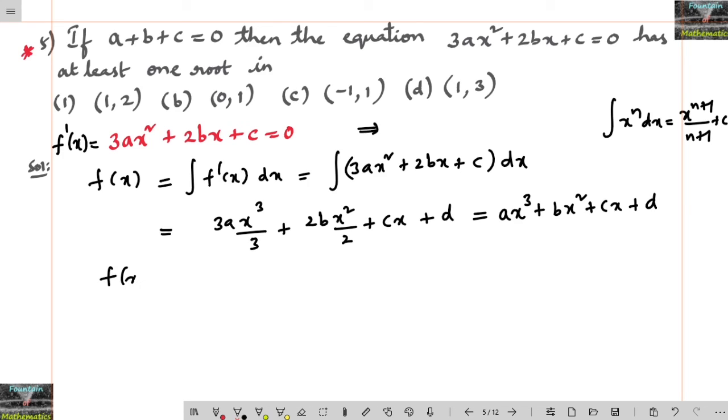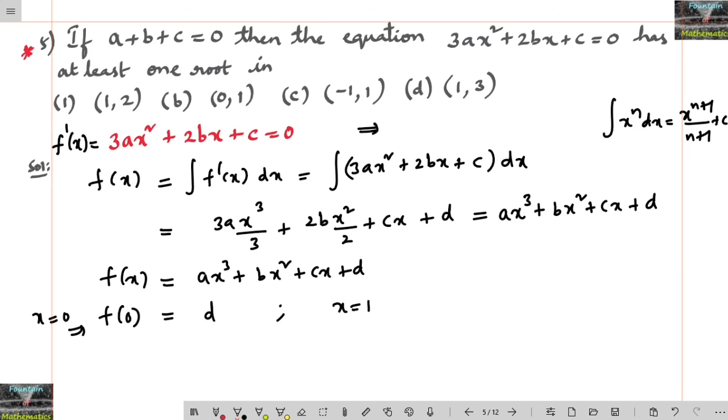So what is your f of x now? Your f of x is the function ax power 3 plus bx square plus cx plus d. Now if I take x is equal to 0, then f of 0 is a into 0 plus b into 0 plus c into 0 plus d, so we get only d.